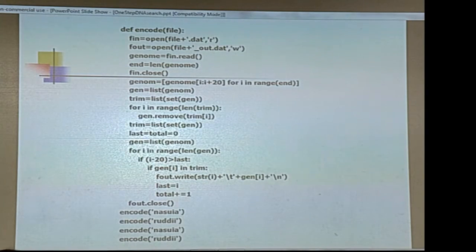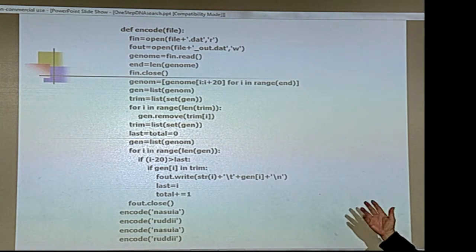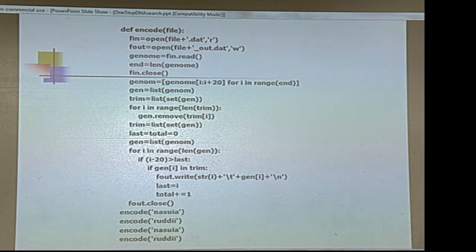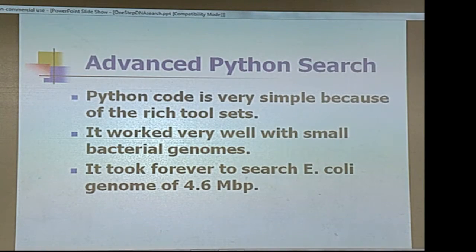So this is fairly optimized as far as Python is concerned. Pretty good code. But to tell you the truth, I learned Python for 2 weeks, so I really am not an expert on Python.